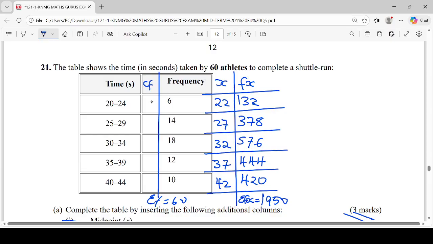So 6, 6 plus 14, 20. Okay, let me add on this other side because even learners will get confused when I add here.